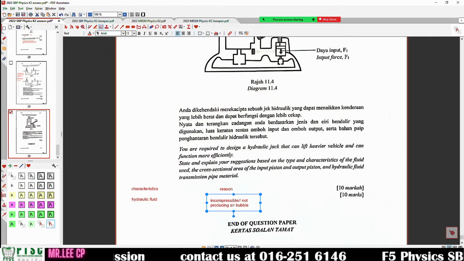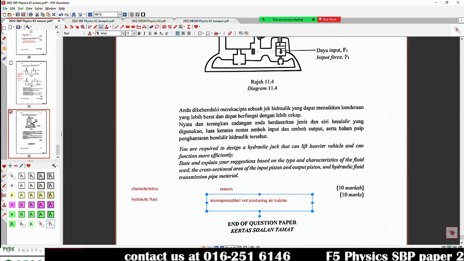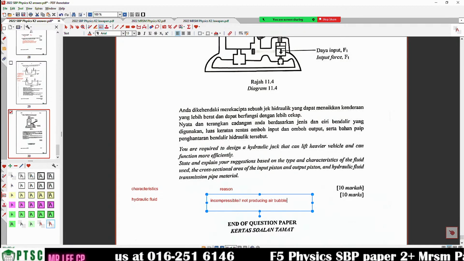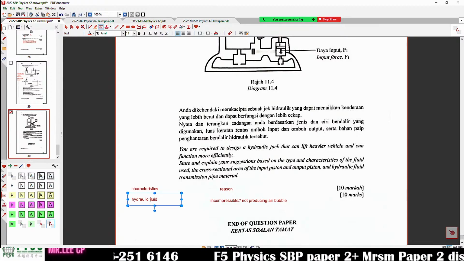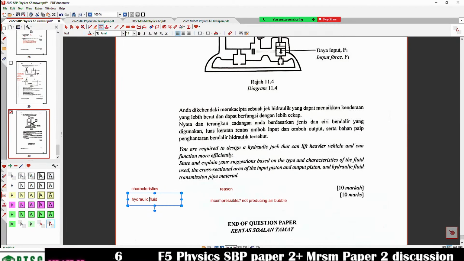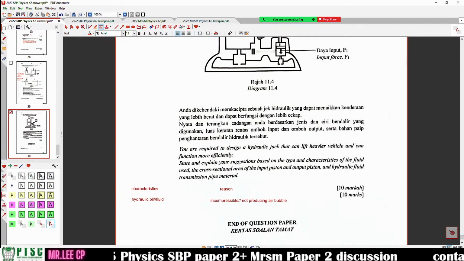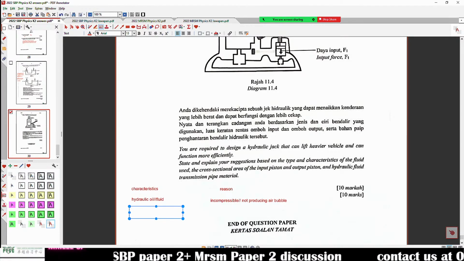Meaning that water, you always produce a bubble. This one will not produce a bubble. Hydraulic oil also can, the same thing. Hydraulic oil, hydraulic fluid will be the same thing.